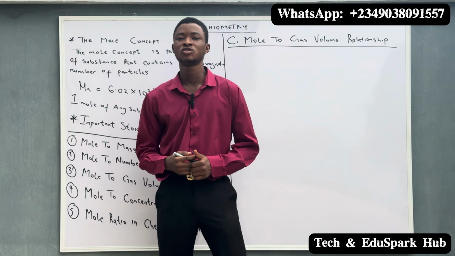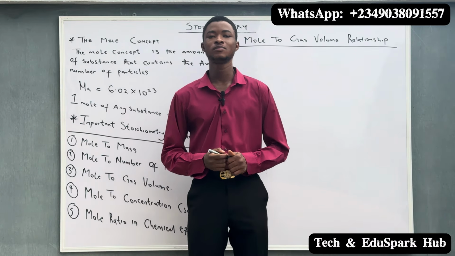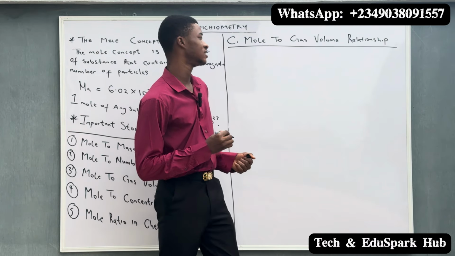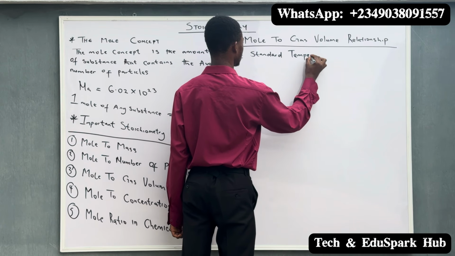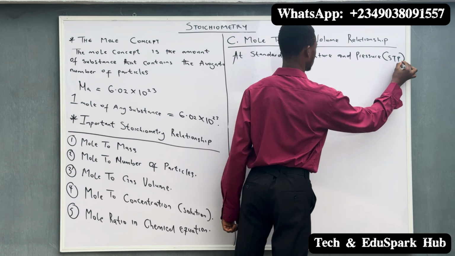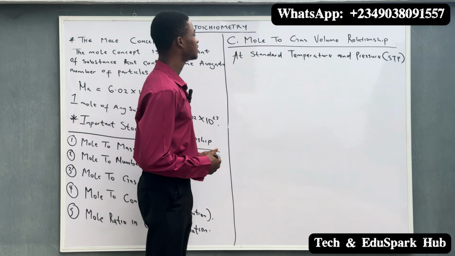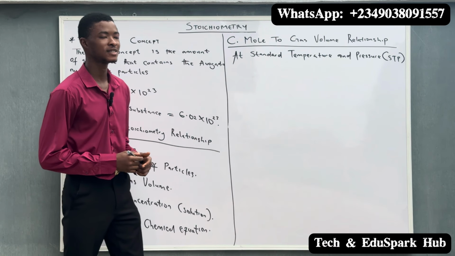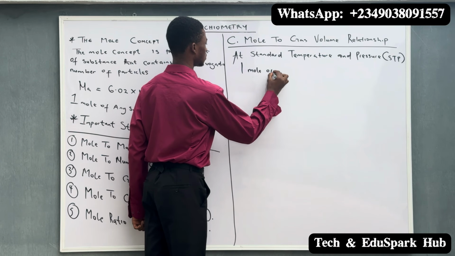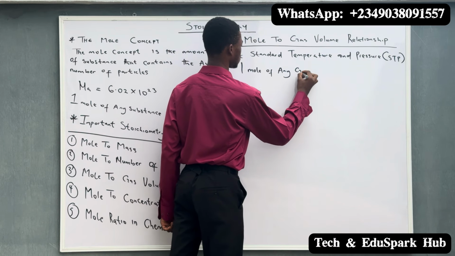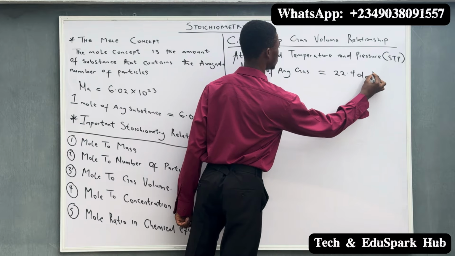And moving to the third stoichiometry relationship, we have the mole to gas volume relationship. And under this mole to gas volume relationship, all you have to note is that at standard temperature and pressure, which is also known as STP, 1 mole of any gas is equal to 22.4 dm cube.